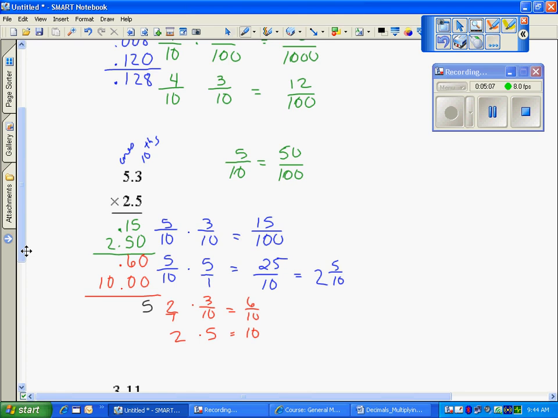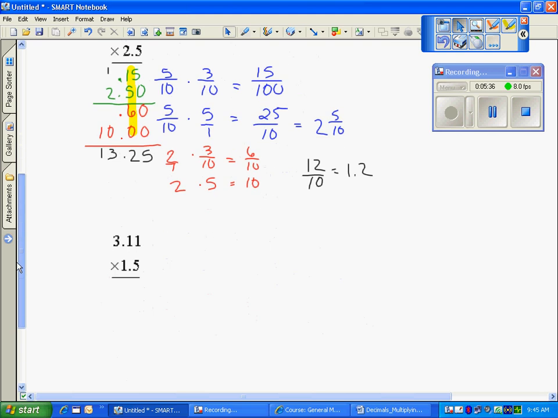Looking at my tenths column, it looks like I have 12 tenths, which is 1 and 2 tenths. There's my 2 tenths. The 1 I'm going to bring up to the ones column. 1 and 2 now make 3, and bring down my tens. So the answer to this problem is 13 and 25 100ths.